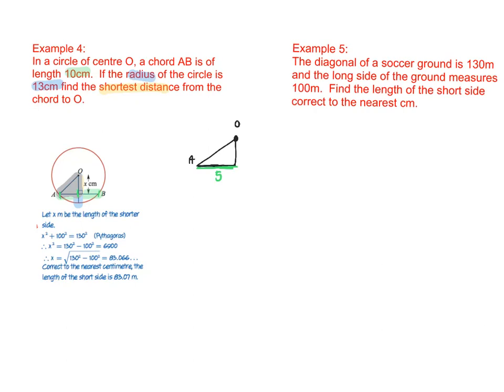Okay, now if I'm going from here to the edge, if I go from the center of the circle to the edge of the circle, isn't that the radius? Yes? So therefore, I know that this distance here is also 13 centimeters, isn't it? Yeah? Any bit from the center to the edge is 13.